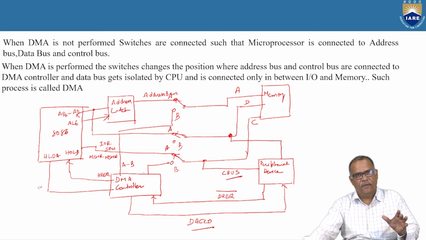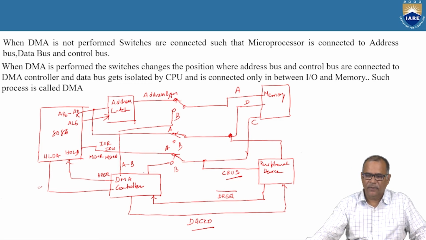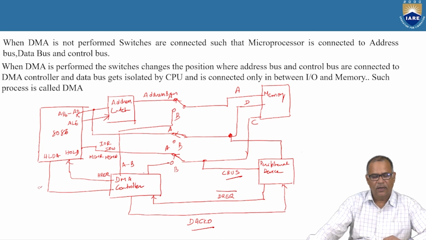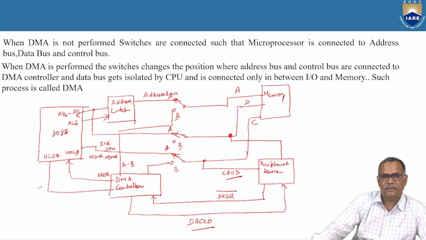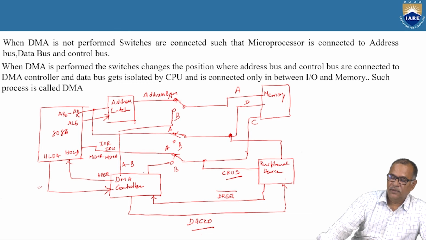And as I have explained, whenever DMA is needed, the peripheral device sends a DMA request to the DMA controller, and the DMA controller in turn sends a hold signal to the 8086 processor. The 8086 processor sends back the hold acknowledgement signal, and subsequently the DMA controller gives the DACK0 signal to the peripheral device.